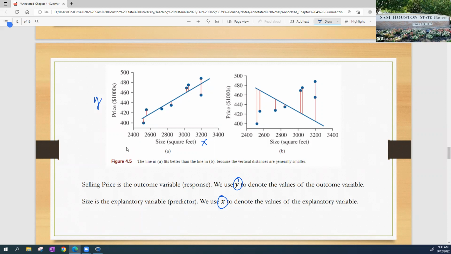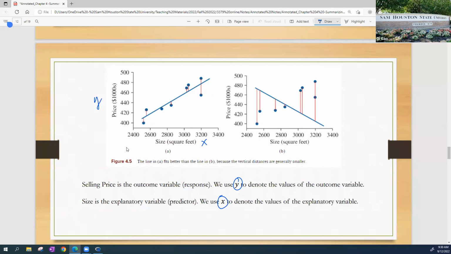Plots A and B have the same scatter plot. It's just that when we use this line to describe the trend of the data, it makes more sense compared to this one, because this line has all the data gathered around it, with the minimum squared distance.